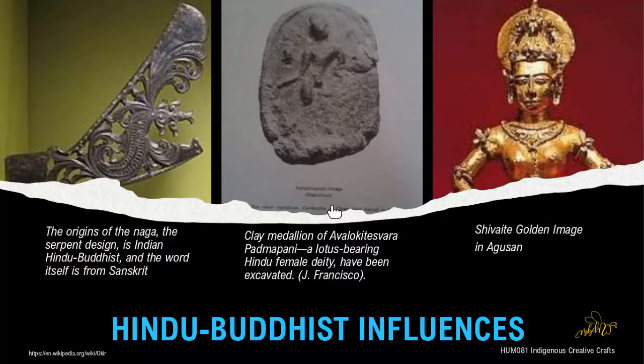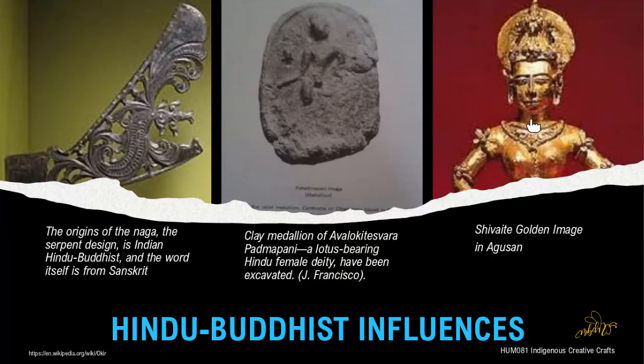Now, we can easily see the influence here because we do not have lotus. Lotus would be from the Hindu Buddhist culture. Because it was found here in the Philippines, we can see the influence now. And then we have the Shivaite golden image in Agusan. This is also not one of our gods, or this is not how we perceive God to be.